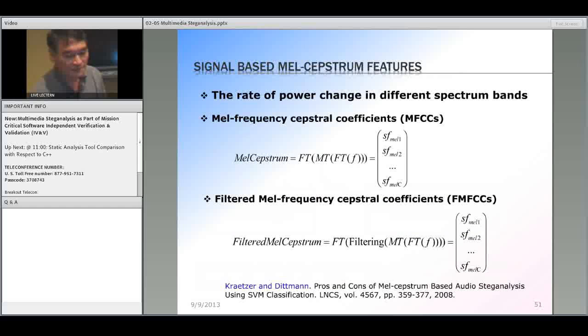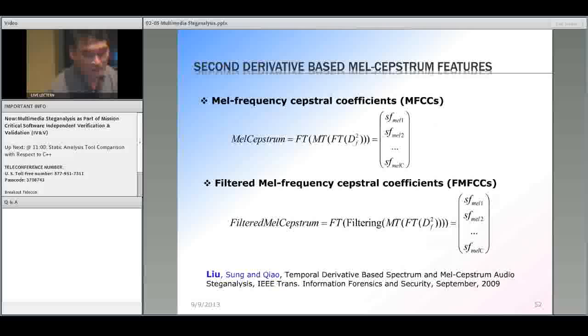All right, so in still another paper, we use CEPSTRUM features to detect hidden contents in audio streams. I'll skip this because it is not a part of what we want to propose here.